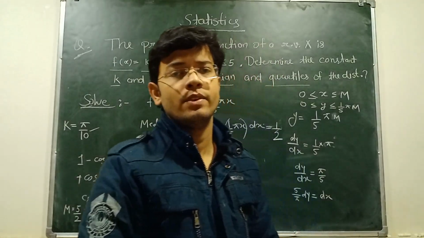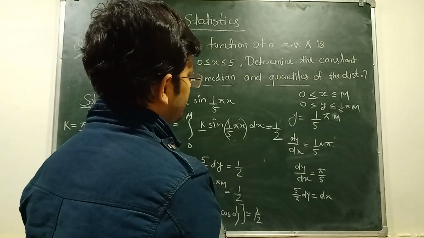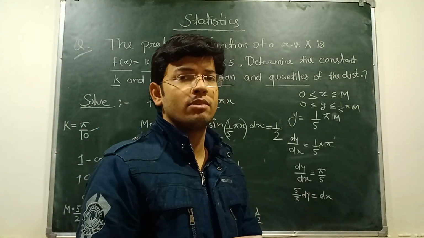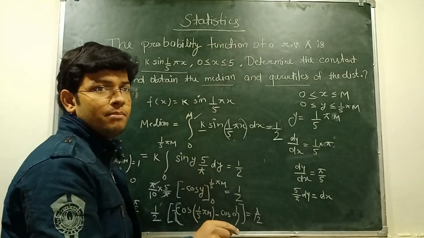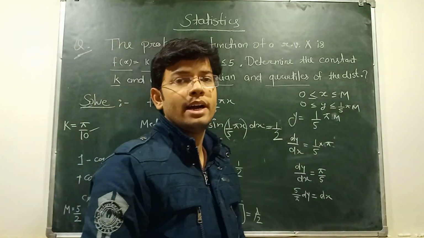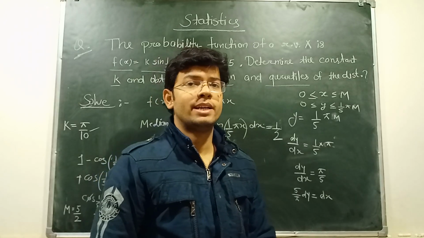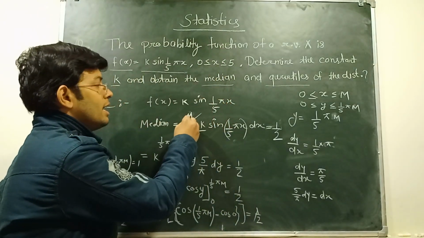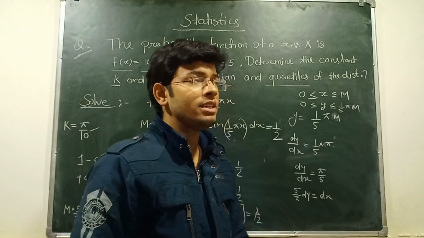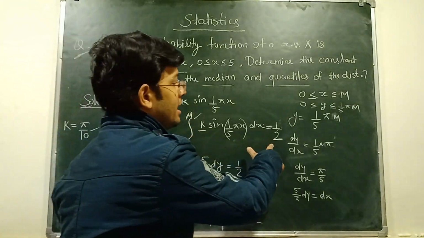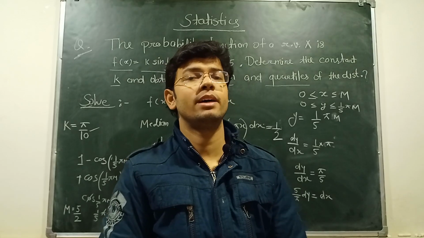Now we will find the values of the quartiles. In this case, the main difference between median and quartile is here we write m. Suppose we find q1, that means the first quartile. In the place of m we have to write q1, and here it is 1 by 4, because the first quartile is equal to 1 by 4.